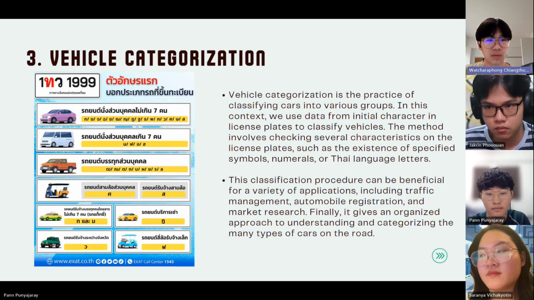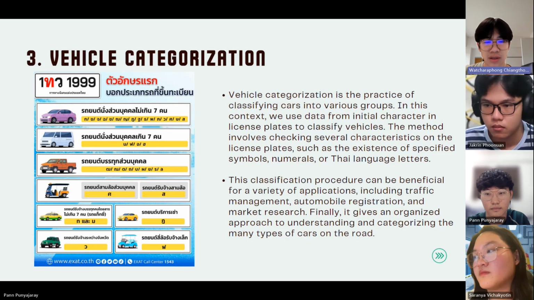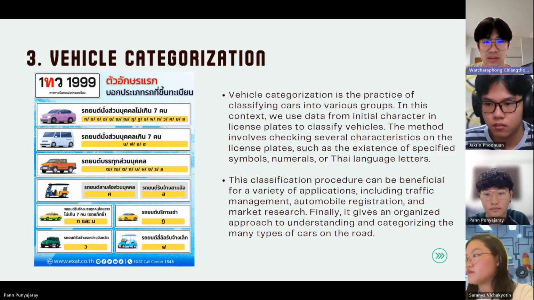For the part of vehicle categorization, vehicle categorization is the practice of classifying cars into various groups. In this context, we use data from initial characters in license plates to classify vehicles. The method involves checking several characteristics on the license plates, such as the existence of specified symbols, numerals, or Thai language letters.